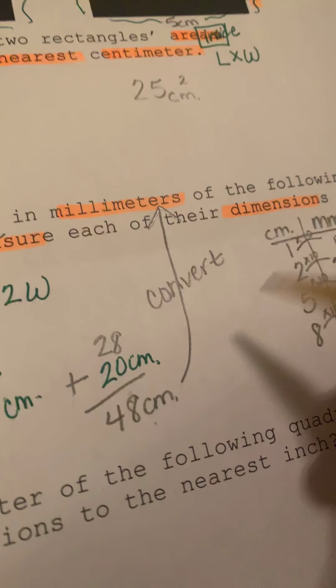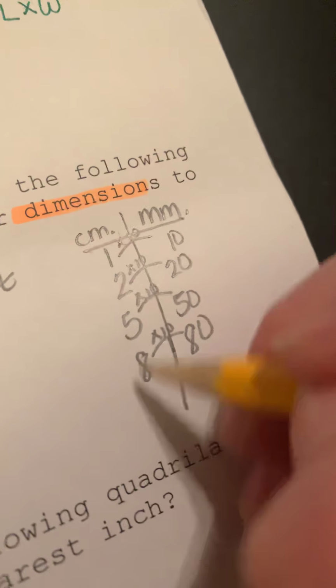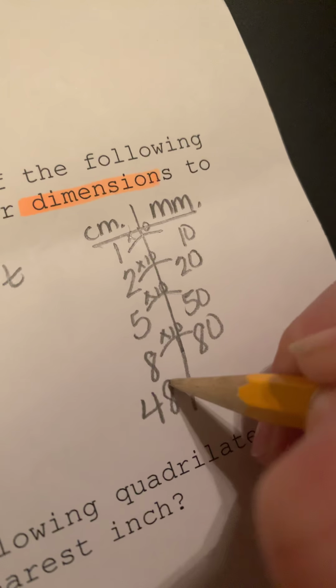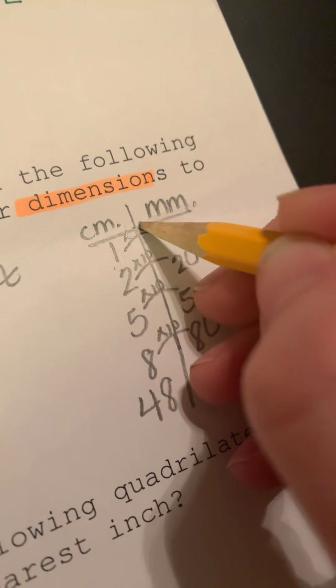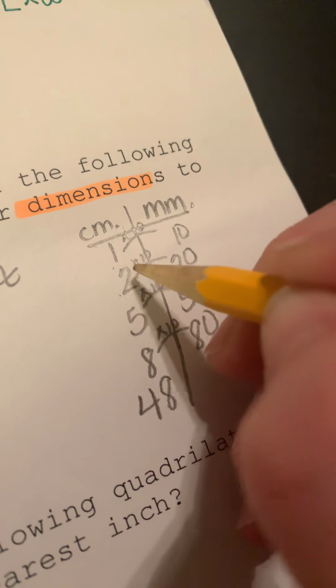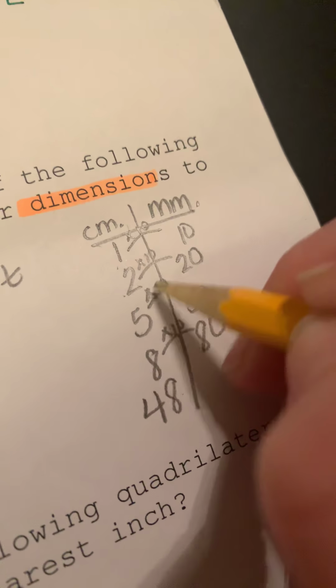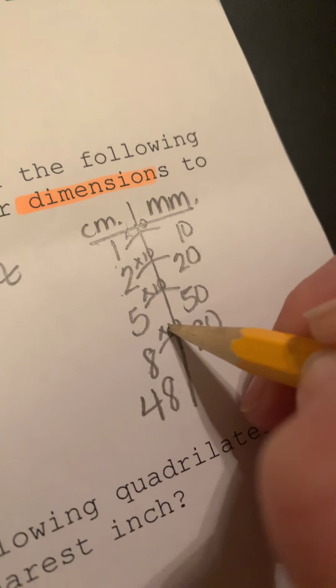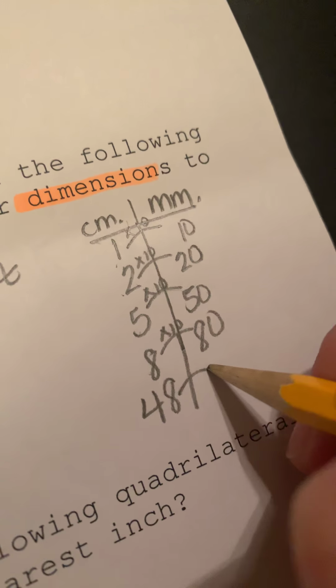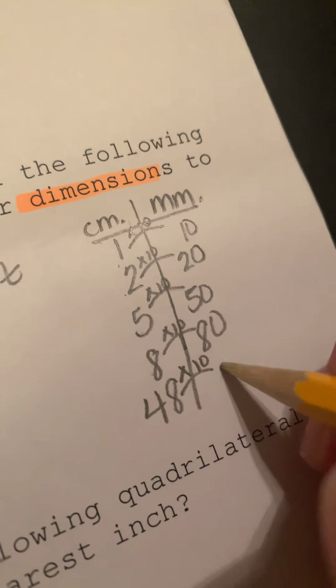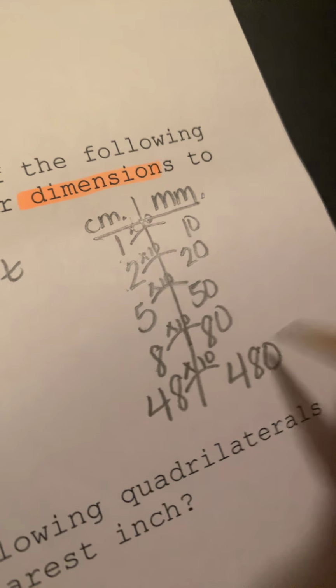Well, what do we have? 48 centimeters, so plug that in. So 1 times 10 is 10. 2 times 10 is 20. 5 times 10 is 50. 8 times 10 is 80. 48 groups of 10 would be what? 480.